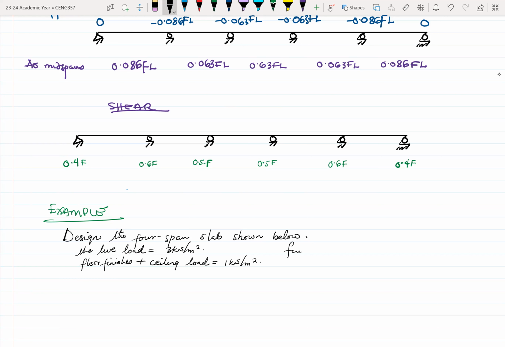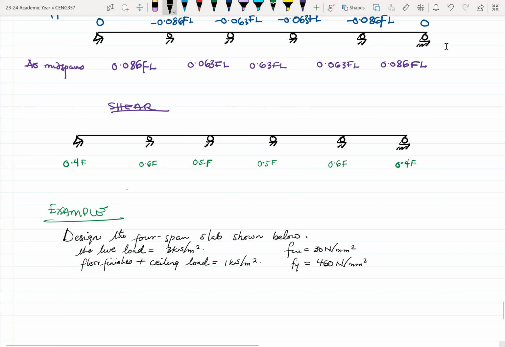Our fcu is 30 newtons per millimeter squared, or some would say MPa, and then the fy is 460 newtons per millimeter squared.